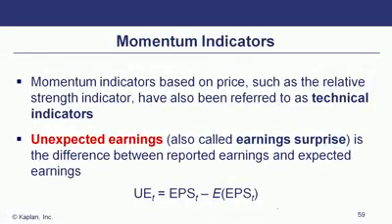The difference between those reported earnings and expected earnings is what they call the earnings surprise or unexpected earnings. So notice down here, your unexpected earnings is your actual earnings that happened versus what was expected. Typically, this is a bunch of research analysts. What's the general consensus of what people think the earnings were going to be? And when they're different, that is the earnings surprise factor.